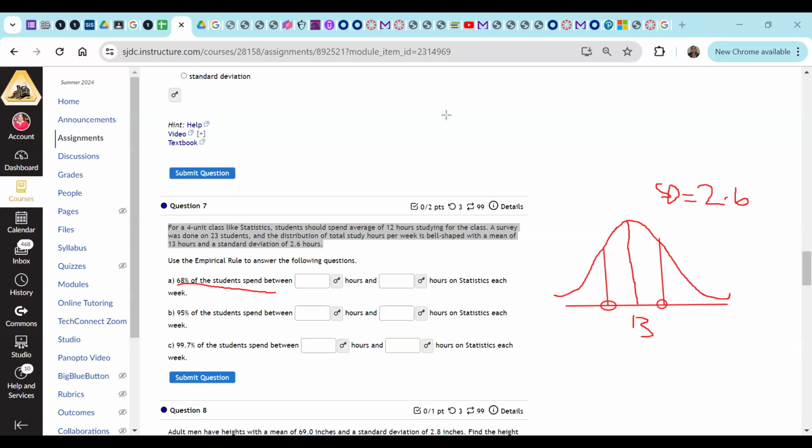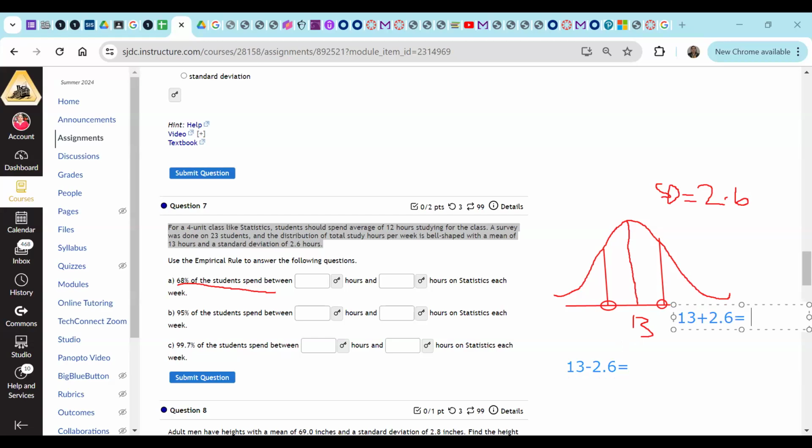So 13 take away 2.6 will be this number, 1 standard deviation to the left. So I'm going to say 13 minus 2.6. That's going to be my lower bound. And if I go right here, it's going to be 13 plus 2.6. That's going to be my upper bound.